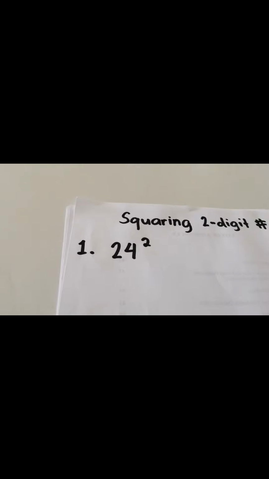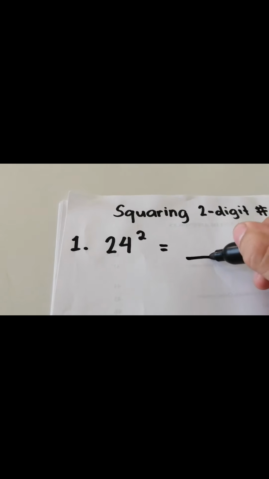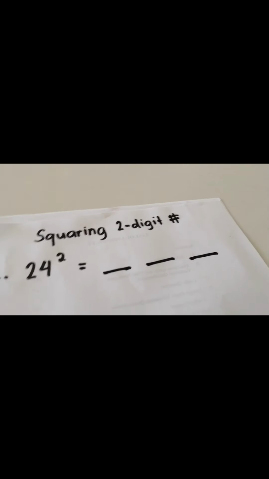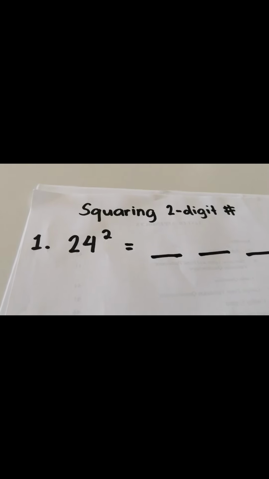The first step is to create 3 spaces. We have the first space, the second space, then the third space. The first space is the square of the first number.